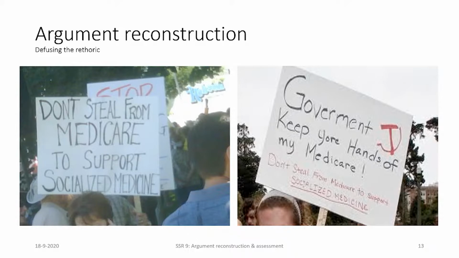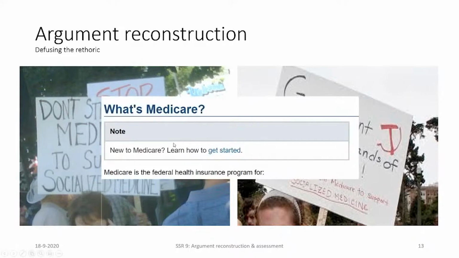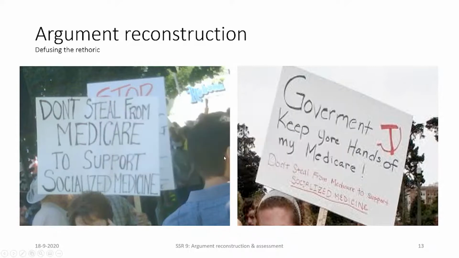But if you try to come up with different specific interpretations of that term, you might say, well, socialized medicine could be a form of healthcare insurance that is at least in part covered by the government. And if you then check what Medicare actually is, if you Google what is Medicare, then on the side it says Medicare is a federal health insurance program for different types of people.